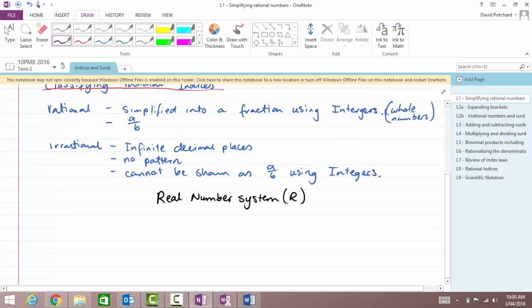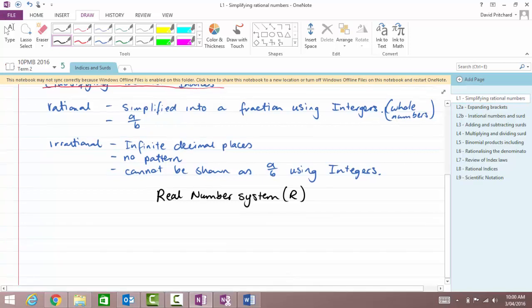And the real number system is obviously real numbers, generally the numbers that we work in. If you go on to do Math C, you'll learn about complex numbers, which start to include imaginary numbers, and we're not going to go into that today. So the real number system consists of rational and irrational.